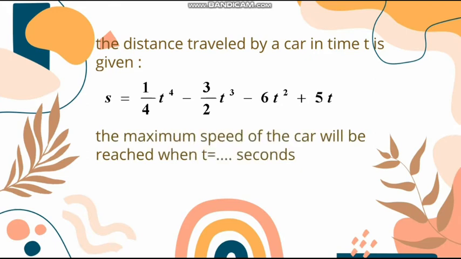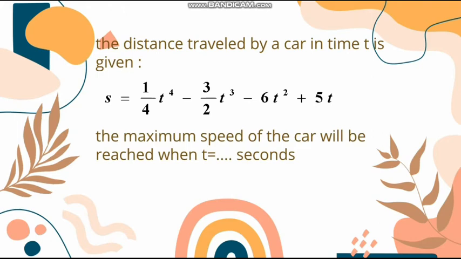The maximum speed of the car will be reached when t equals how many seconds? So we are asked to find the time when the car reaches its maximum speed.